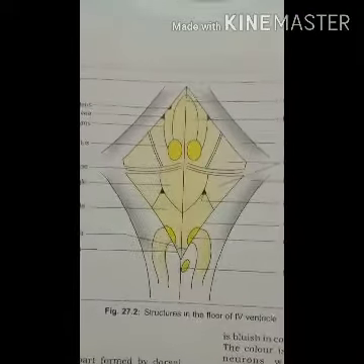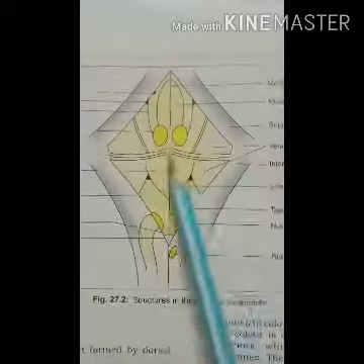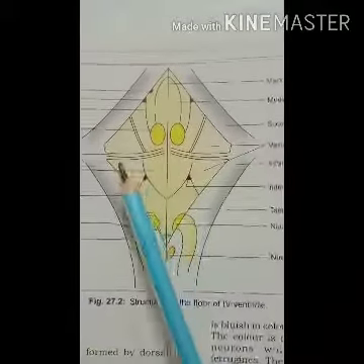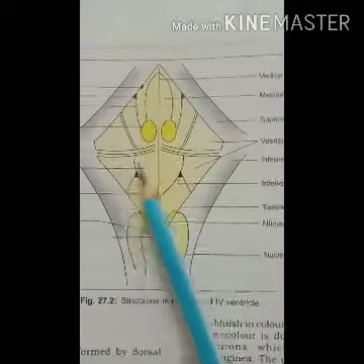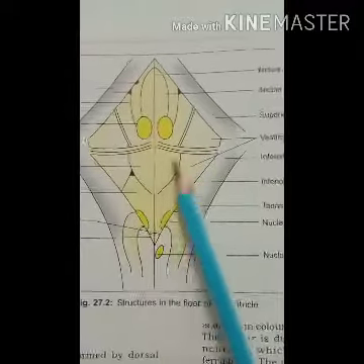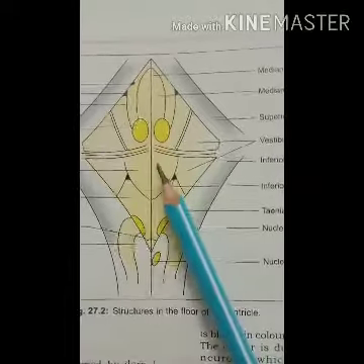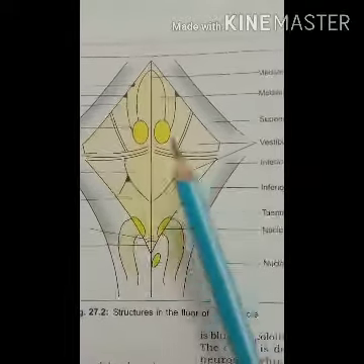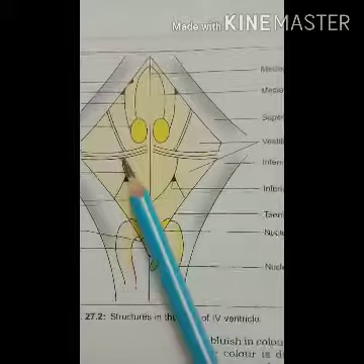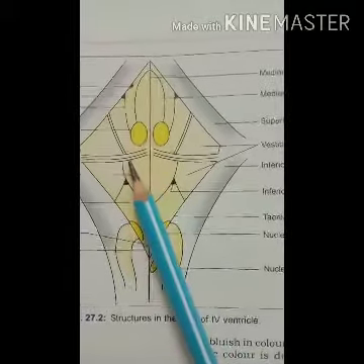And the caudal or the inferior part, for most of its extent, consists of an extending thin sheet entirely devoid of nervous tissue, and it is formed by the ventricular ependyma.